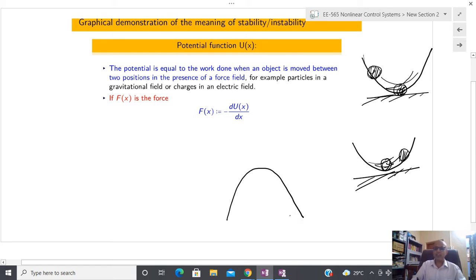Suppose I have this kind of hill now, and initially I have the ball here. If you put the ball here and do not apply any force, then the ball remains here. But if you apply some small force, you can see that the ball is not going to return back.